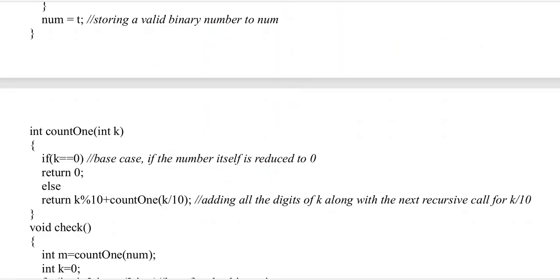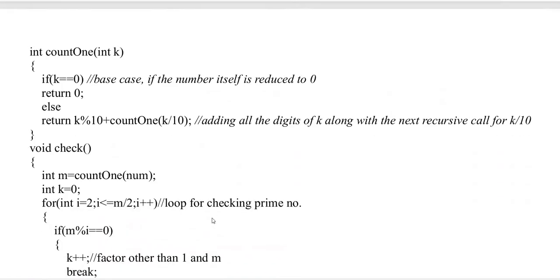So see here, if the parameter k is 0, it is returning 0. So this is my base case. If the number itself reduced to 0, recursion ends there. Else, I'm doing k mod 10 plus count1 of k by 10. That is adding all the digits of k along with the next recursive call for k by 10.